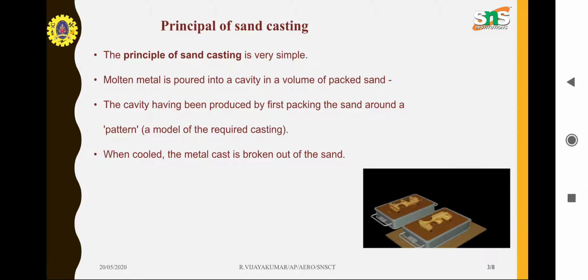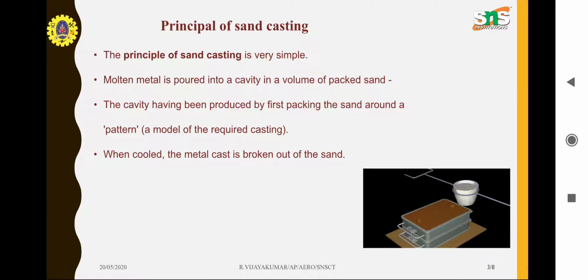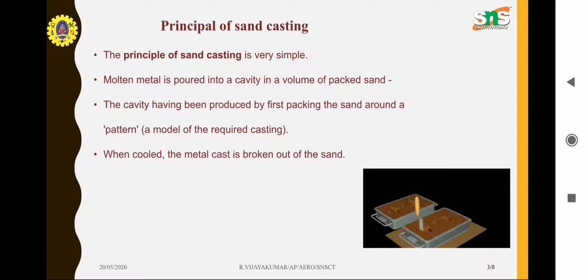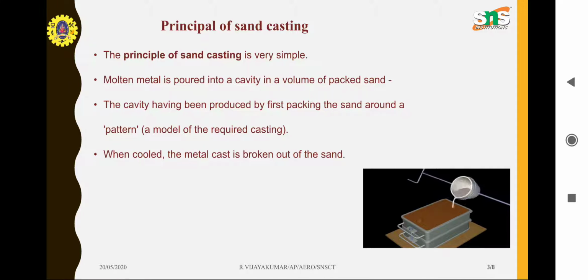In particular, the principle of sand casting is very simple. The molten metal is poured into a cavity, as we discussed in the above topic. The main principle is that you introduce molten metal into a volume of packed sand.